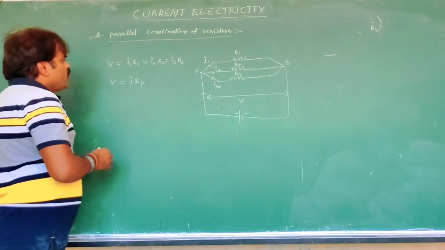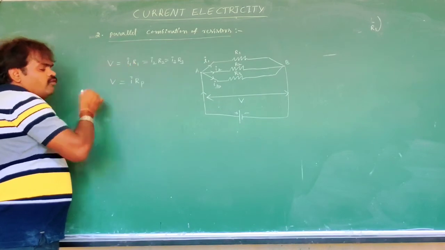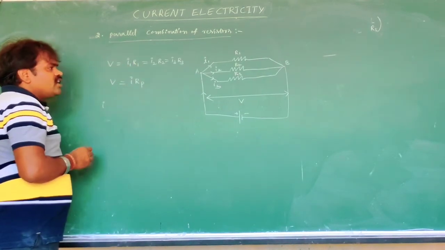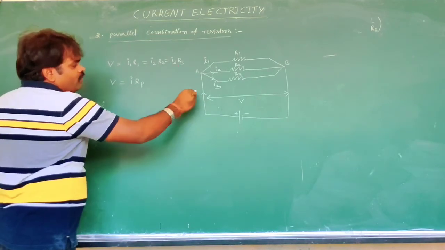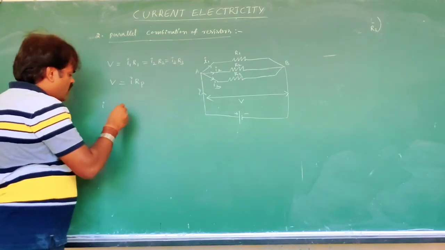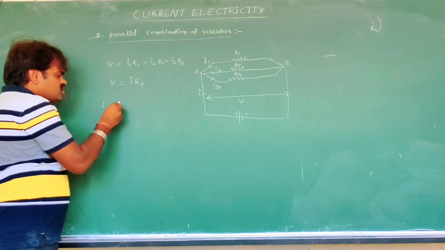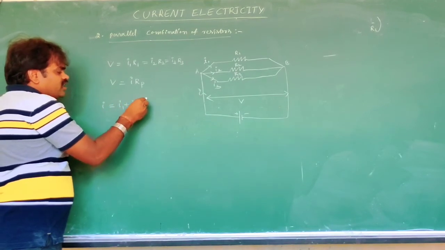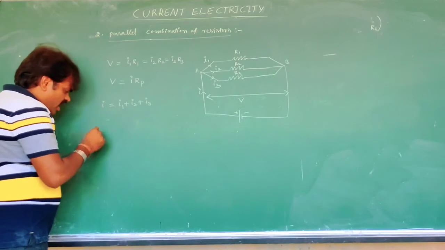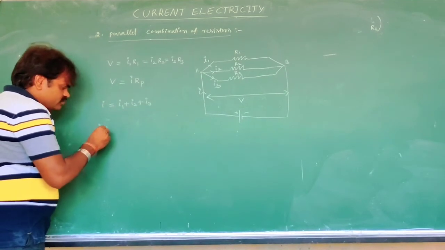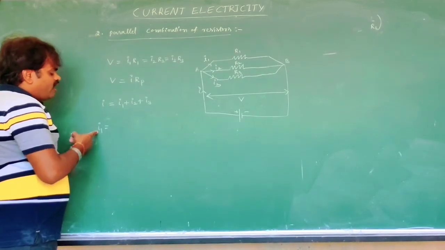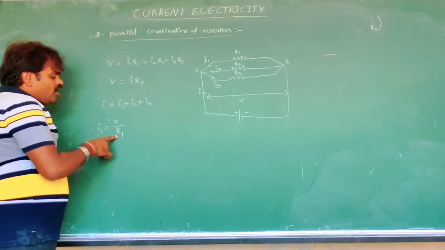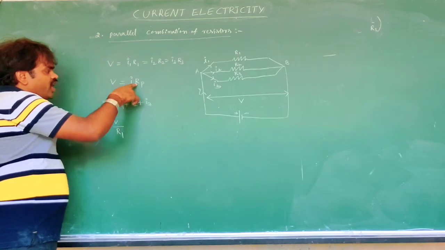Here we want the current I1. The current is divided in this diagram. I is divided into three parts. That's why the total current I is equal to I1 plus I2 plus I3. What is the current I1? Now we want the current I1, which means V by R1. But V is nothing but I into Rp.